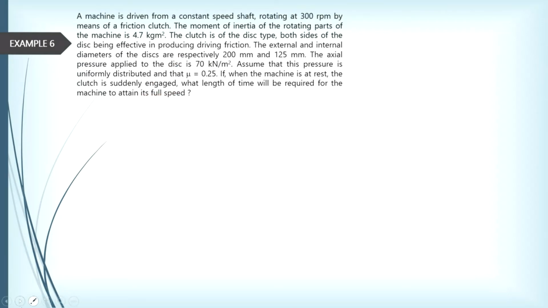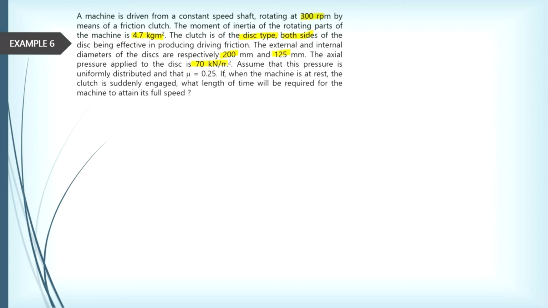So remember, what is given here, first thing, is the speed, then the moment of inertia, or the second moment of mass. This type is a single disc with both sides effective, and then you have this as the external diameter and this as the internal diameter.